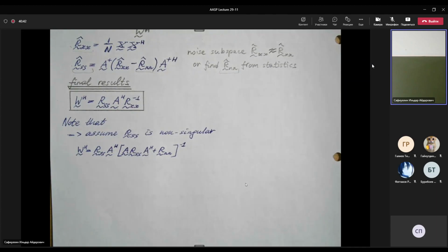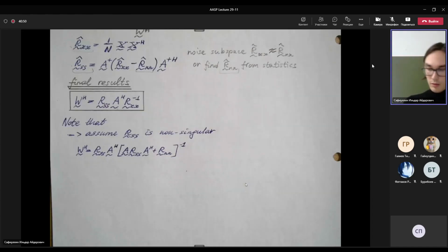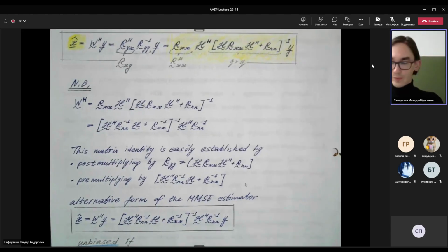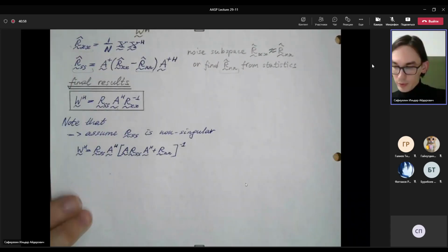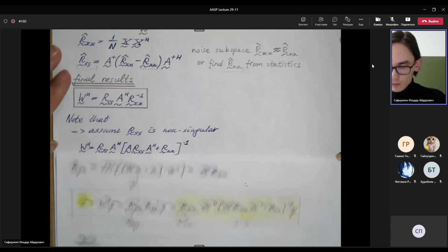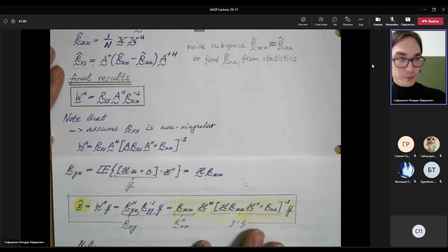But in this case, instead of A, we use the channel matrix H. So you can see, let's compare.